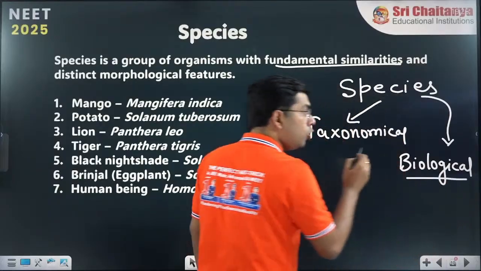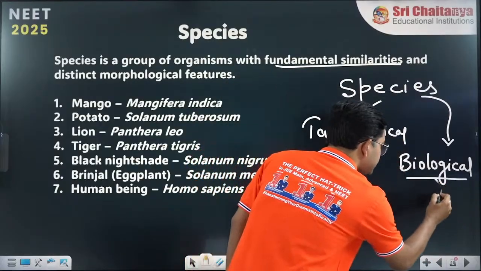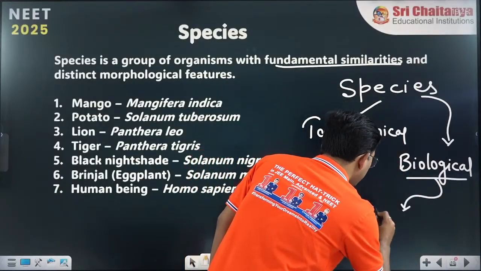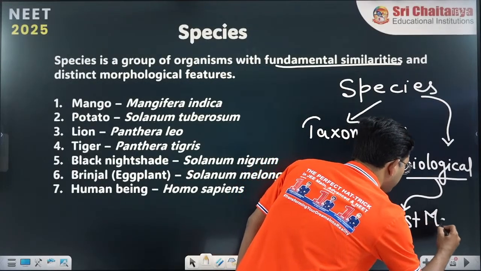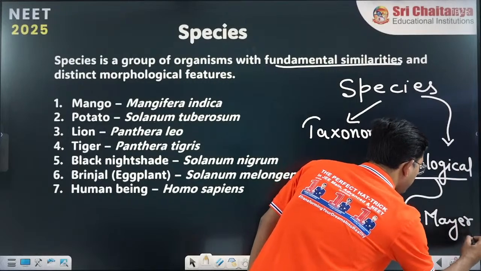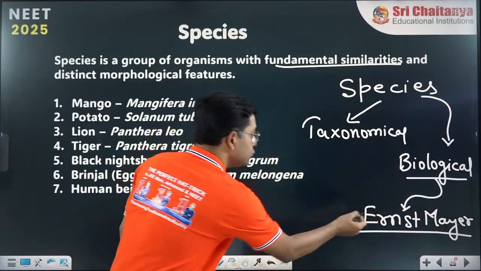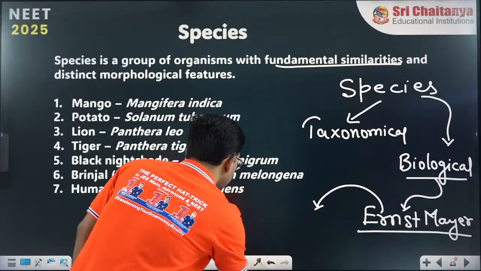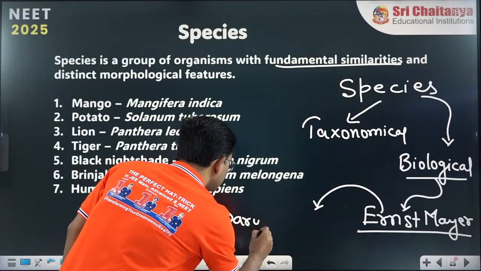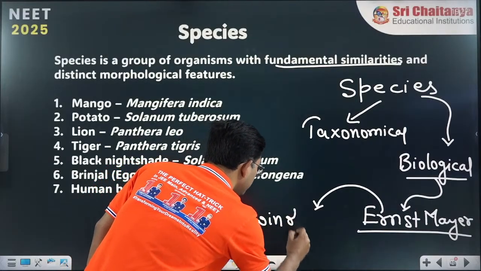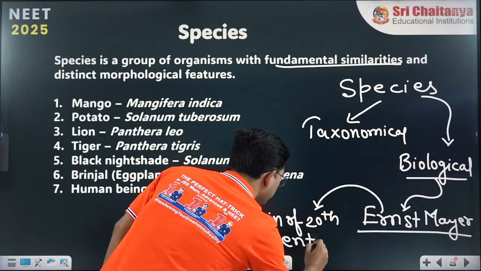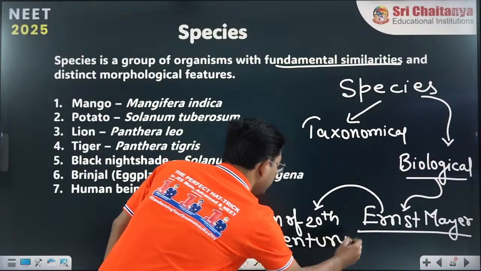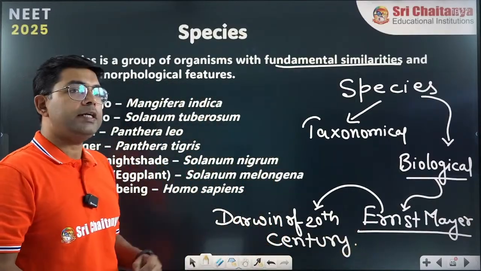Now this biological concept of species was given by Ernst Mayr. Remember this name, very important, given in NCERT. He is also called the Darwin of the 20th century.